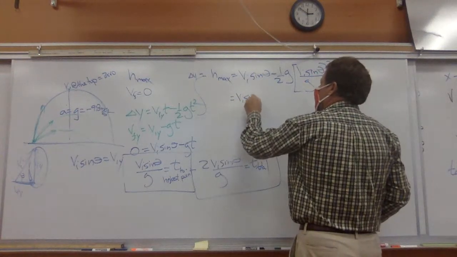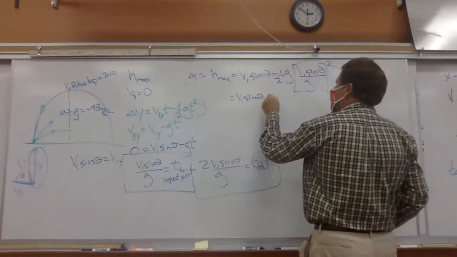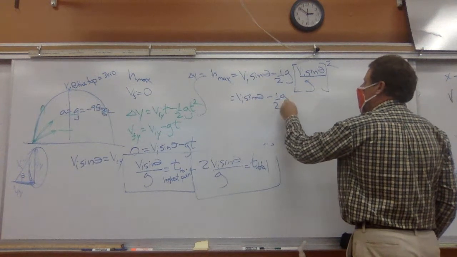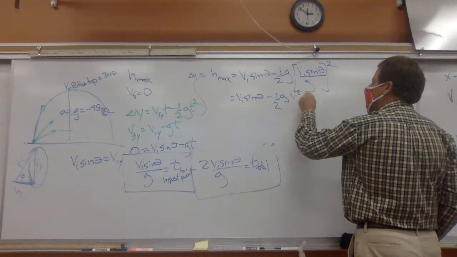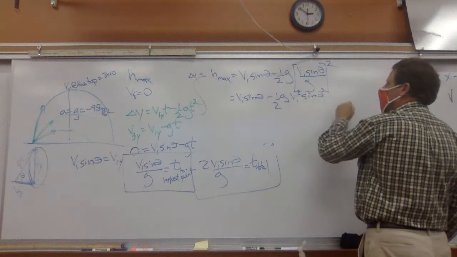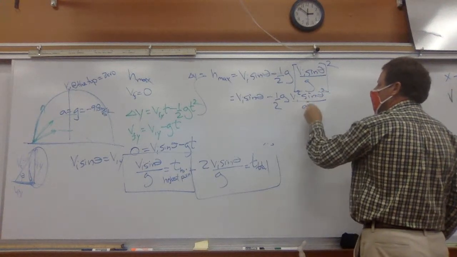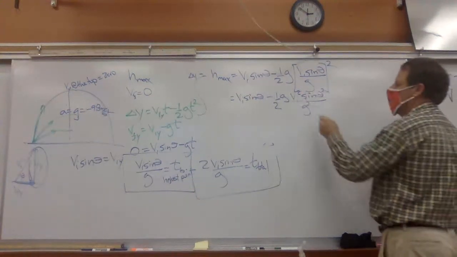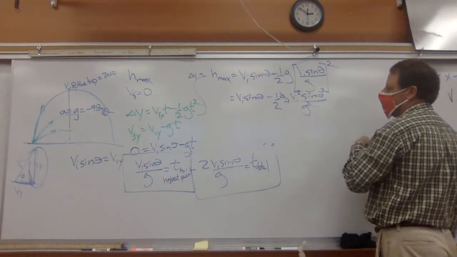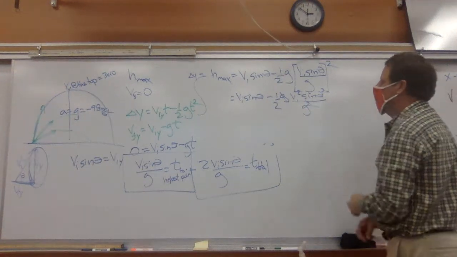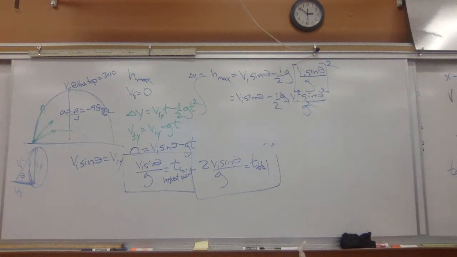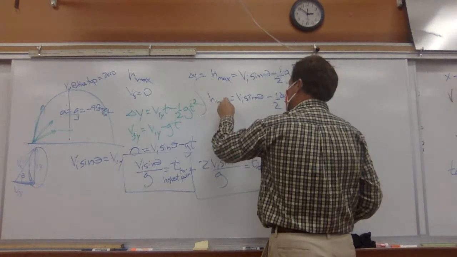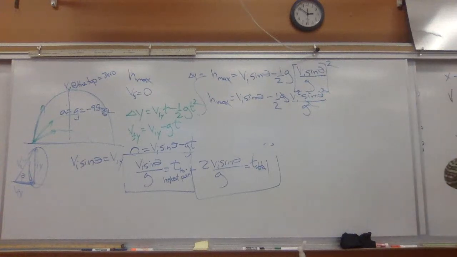So VI sine theta minus 1/2 G VI squared sine theta squared over G squared. And now this G right here is going to cancel out with one of those, and we're going to get H max here.